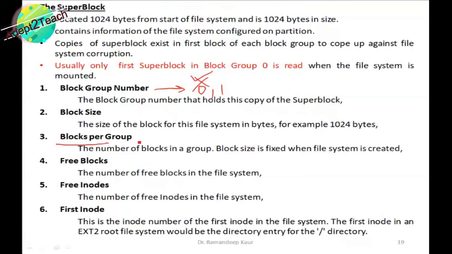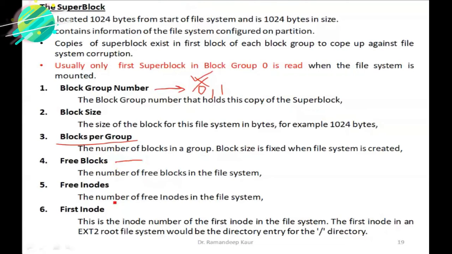This is why this information is very important. Next information is how many blocks per group. Again, the second you fix the size of the block, the number also gets fixed. If you say the size of every block will be 4 KB and you have a total, let's say, of 16 KB, then that means you have 4 blocks. So how many blocks per group and what is the size of every block?